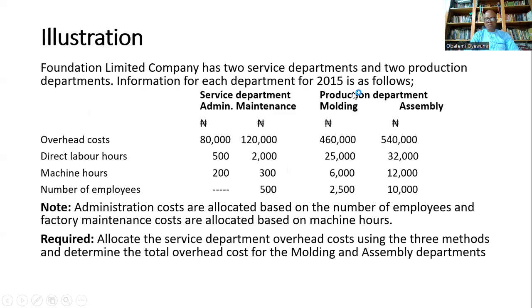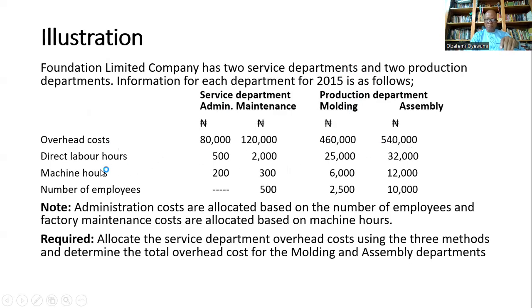Foundation Limited Company has two service departments and two production departments. The two service departments are admin and maintenance, and the two production departments are molding and assembly. We have the various overhead costs here: 80,000, 120,000, 460,000, 540,000.